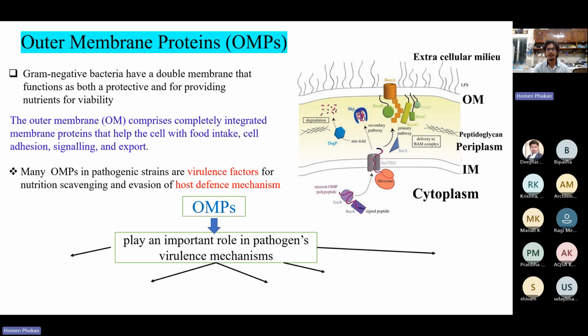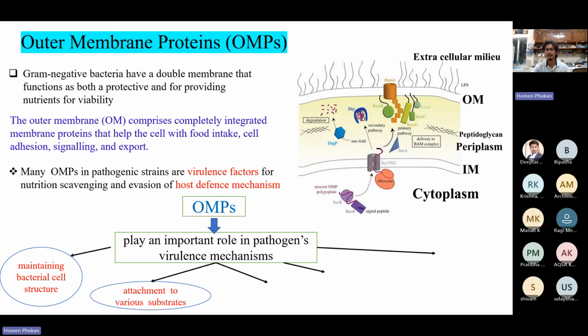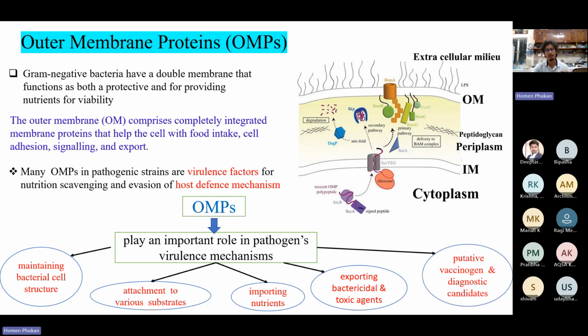They maintain bacterial cell integrity, attach to various substrates like extracellular matrix components, import nutrients from the environment and from the host itself, and export bactericidal and toxic agents. Most probably, they are putative vaccinogens and diagnostic candidates.